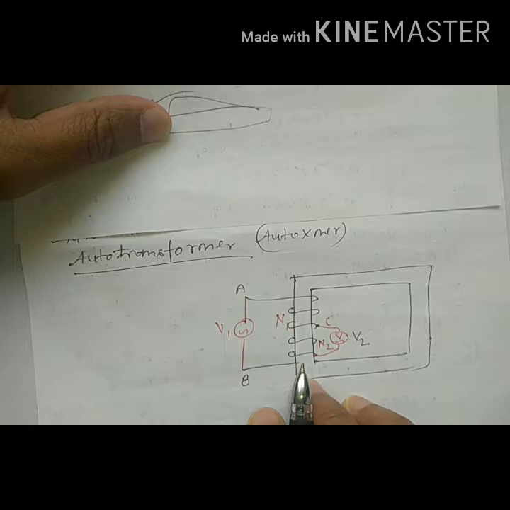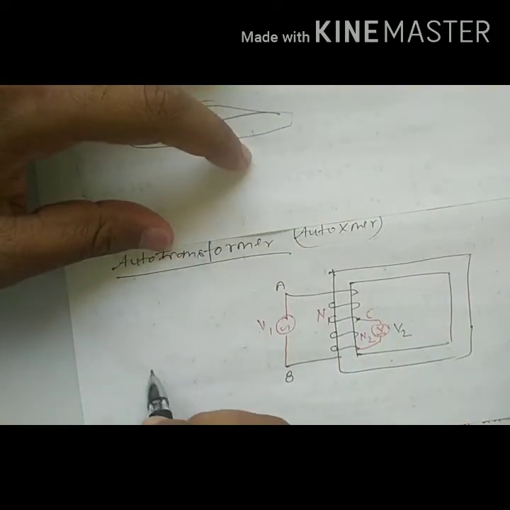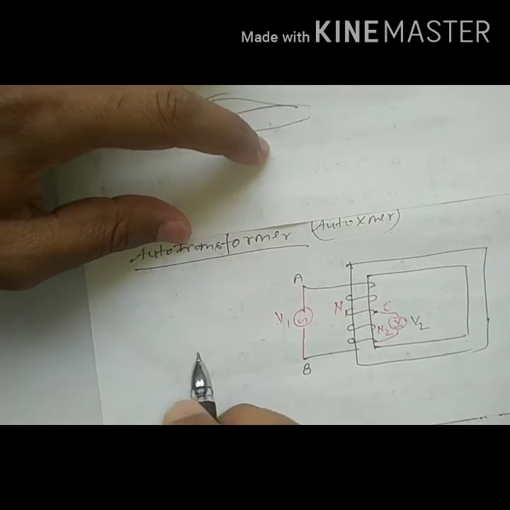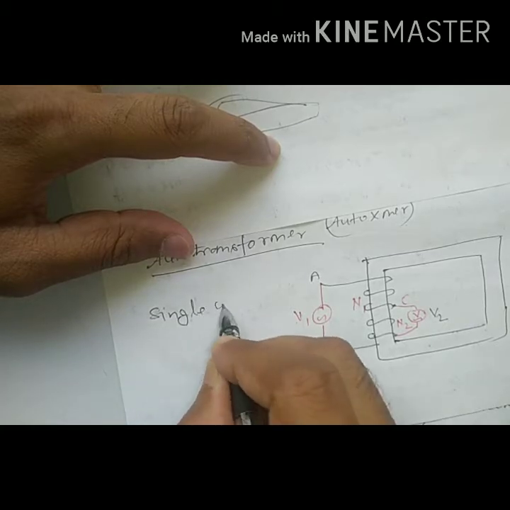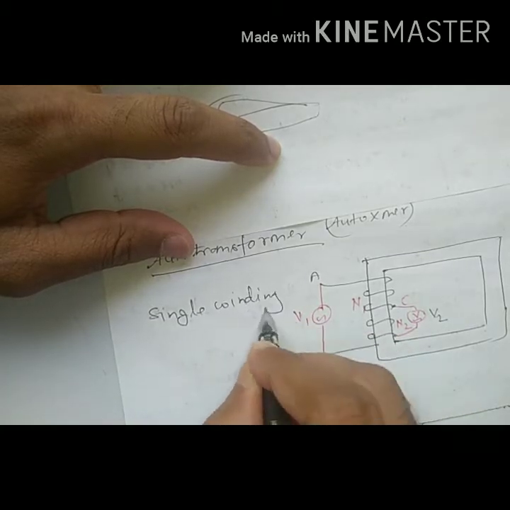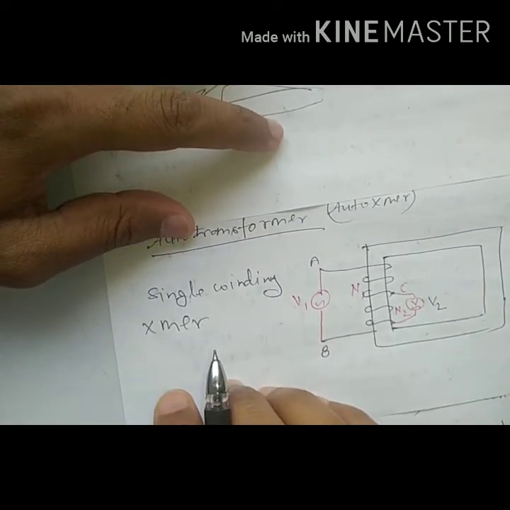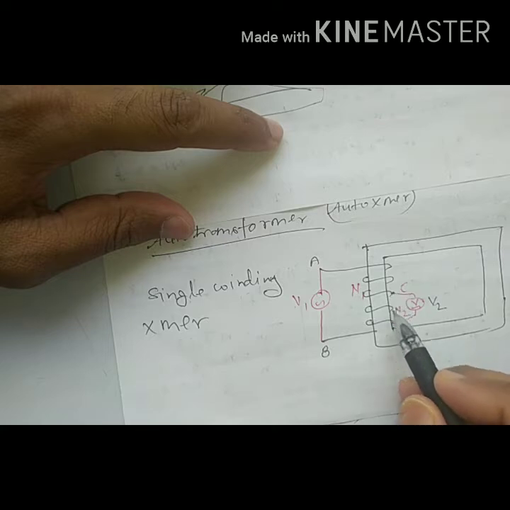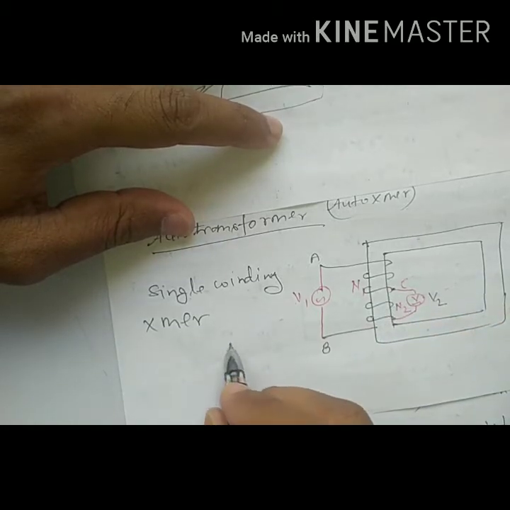So from here what we can say, that an autotransformer is a single winding transformer, and a part of this winding is common to both primary and secondary winding, like this.